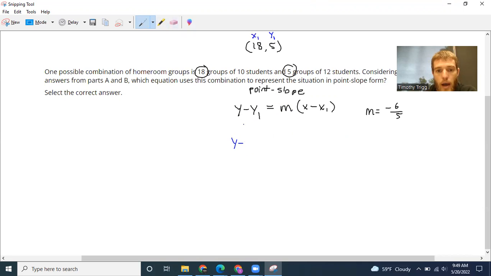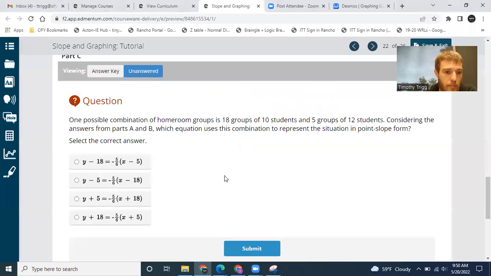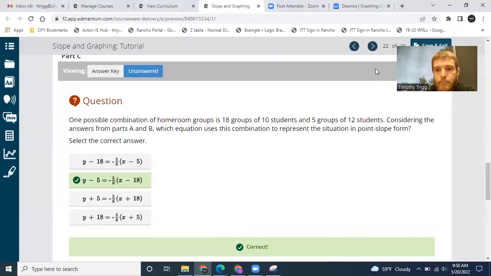So y minus 5 equals the slope, so -6/5, that's our slope. And then x minus, and then you use the x coordinate here, so 18. So this is the same equation, just a different form of the equation, basically. Okay, so that's going to be right here. There we go.